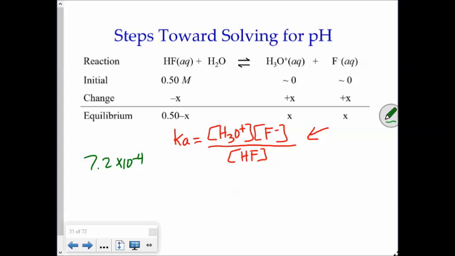Now, 10 to the minus 4 usually will be okay for the 5% rule. Just like in Ksp, these X values are very small amounts. Remember how in Ksp they were so small we got to eliminate them? Well, in this case, it should be small enough to also be able to eliminate it.